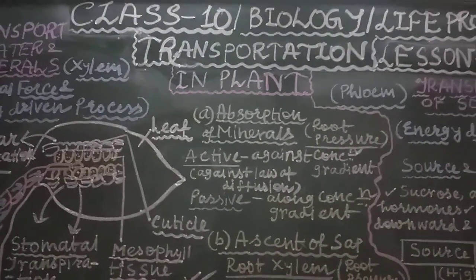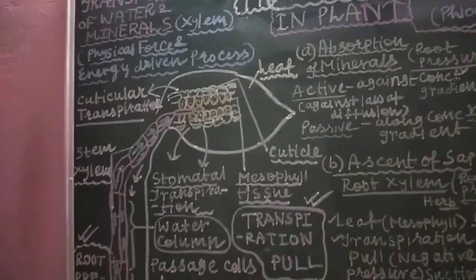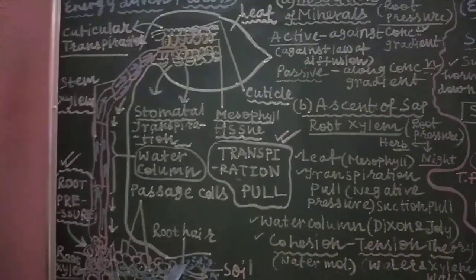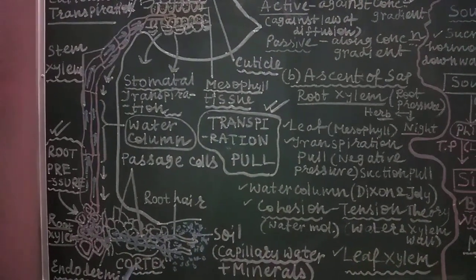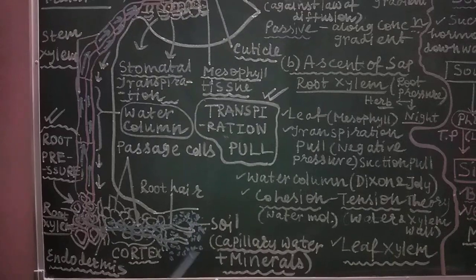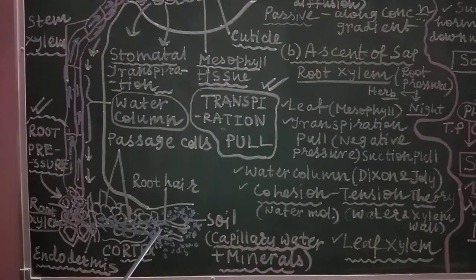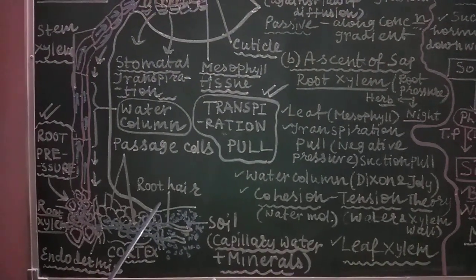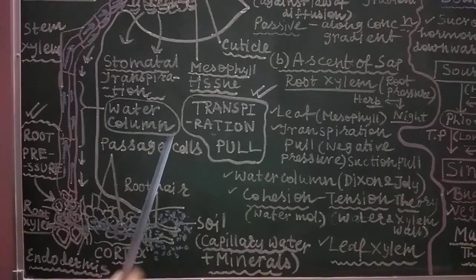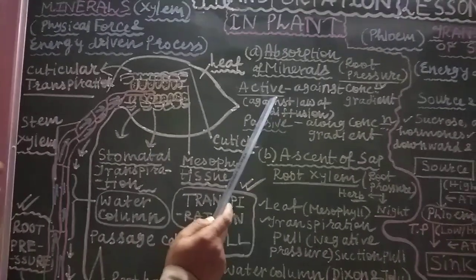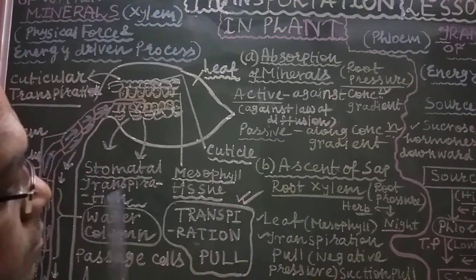In this diagram you can see that the root and the root hair cells are in direct contact with the soil. In the soil, different types of minerals are there: chloride, sulfide, sulfate, phosphate. These minerals enter through the epiblema, that is the epidermal layer of the root, by the process of active or passive absorption.